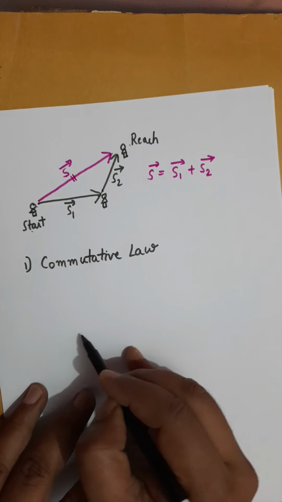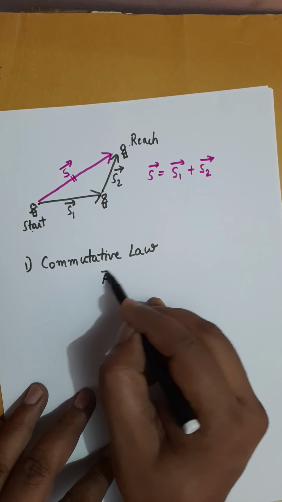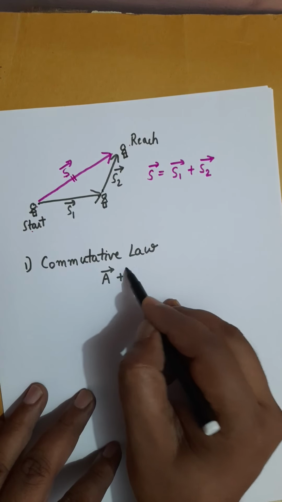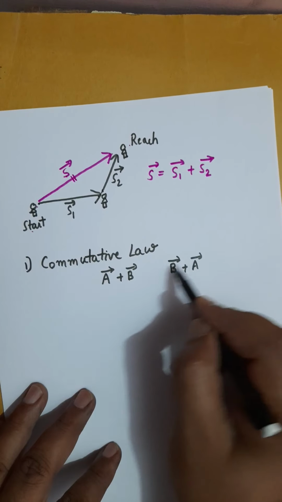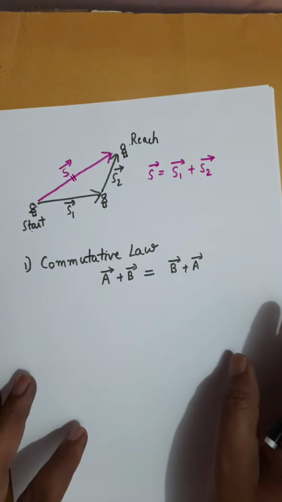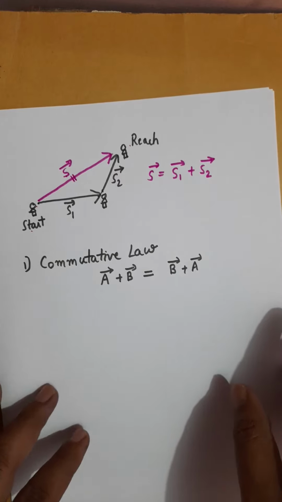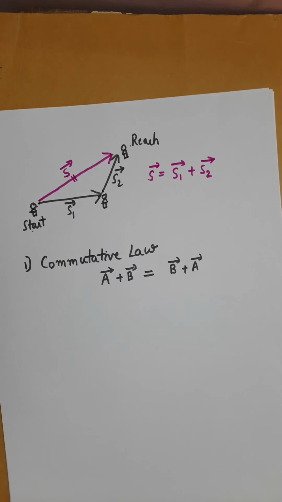It says that if you add B with A, that is A vector plus B vector, or you add A with B, they have the same result. They are not different. Vector A plus B is the same as vector B plus A. And again you can use displacement to verify this law.